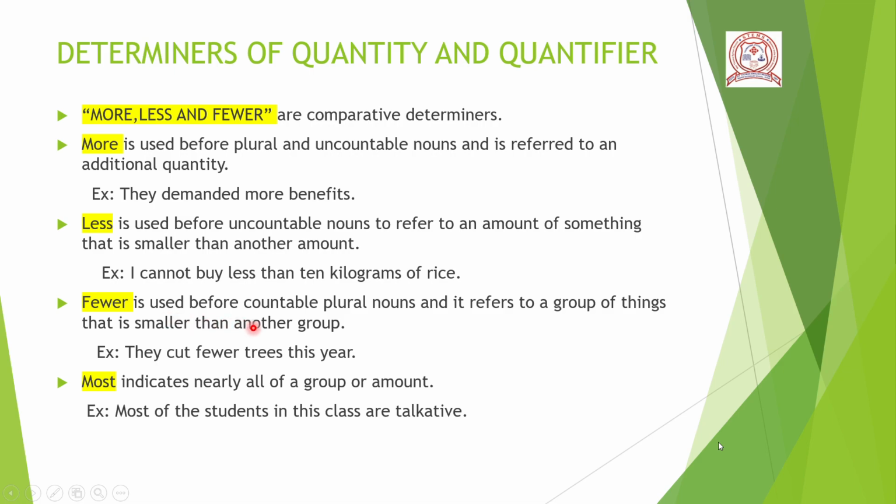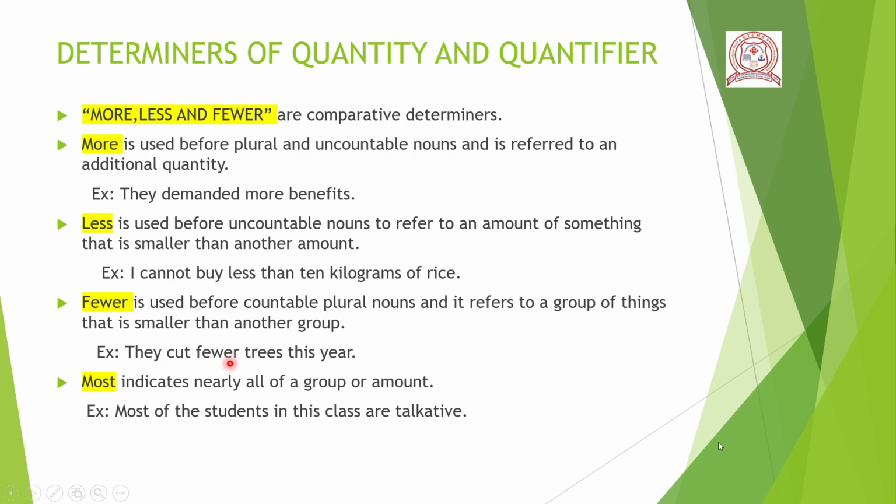Fewer is used before countable plural nouns and it refers to a group of things that is smaller than another group.